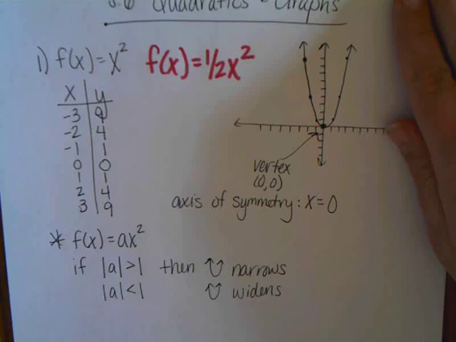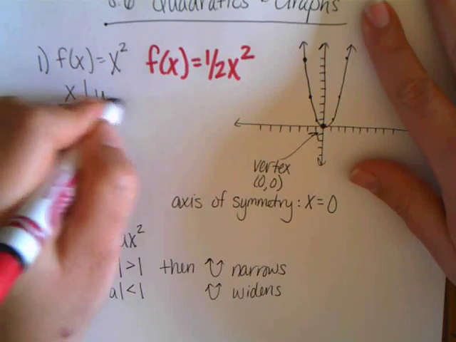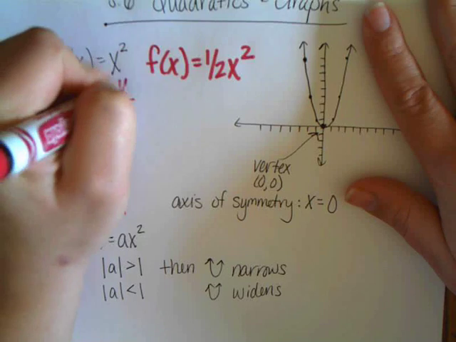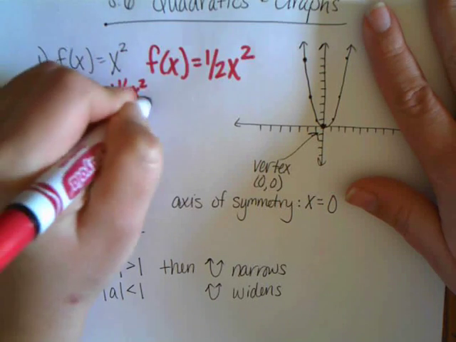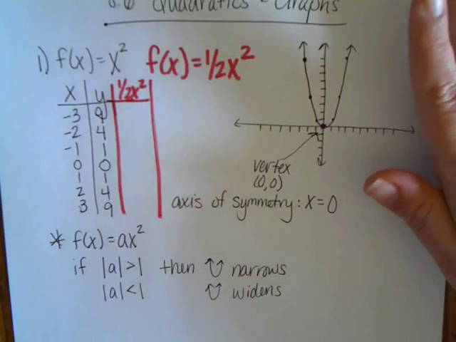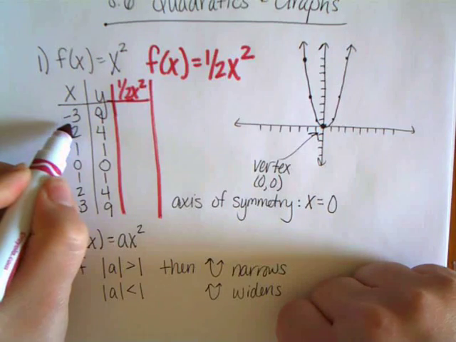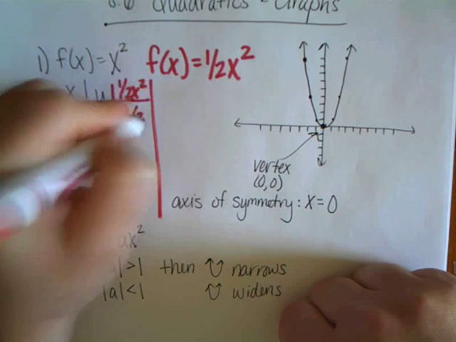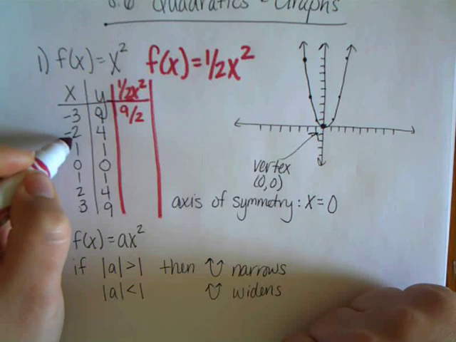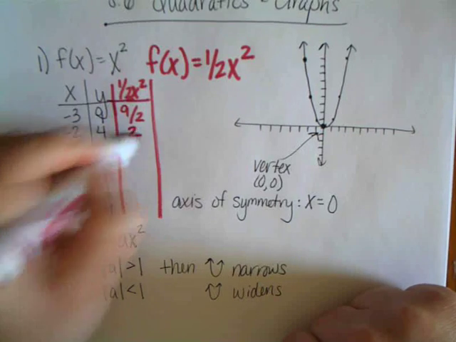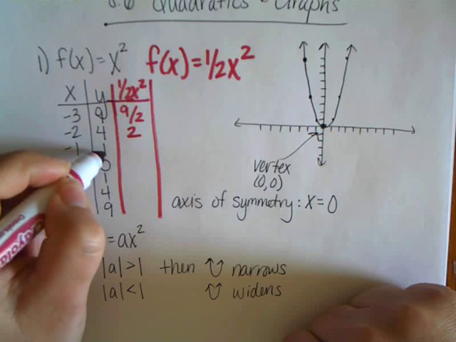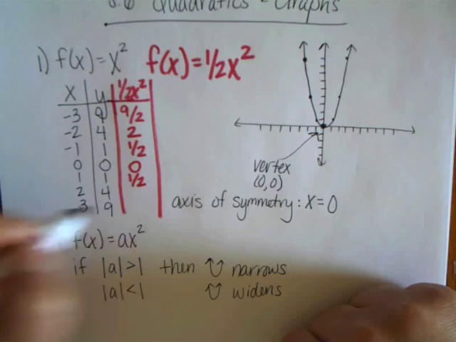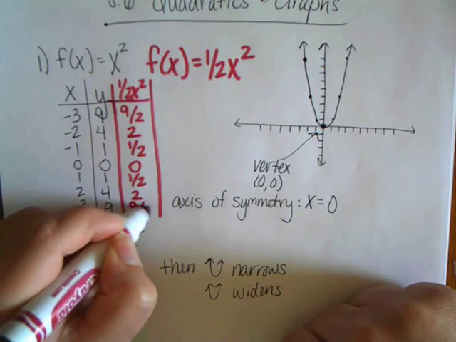If I go ahead and plot some points, I'm just going to extend my t-table here with my 1/2 x squared values. If I plug in -3, I have -3 squared is 9, and half of 9 is 9 halves. -2 squared is 4, half of 4 is 2. Half of 1 is 1/2, half of 0 is 0, and 1/2, 2, and 9 halves.